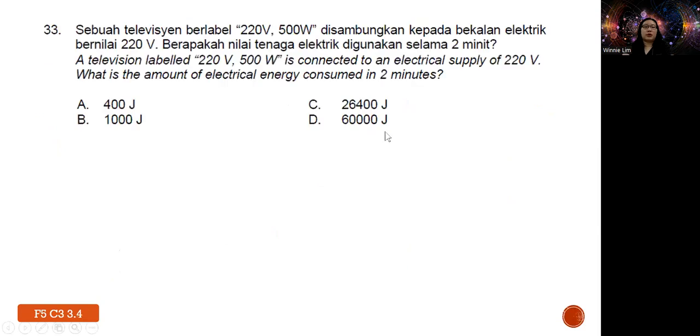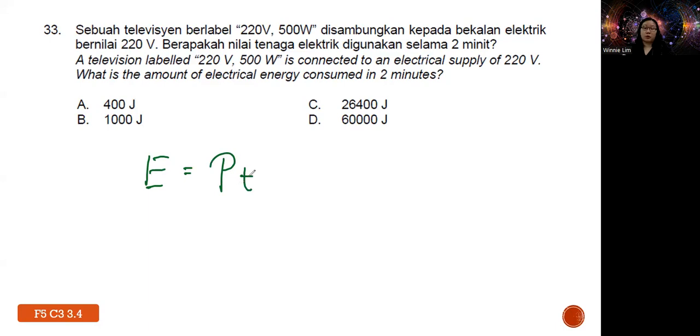Number 33, a television labelled 220 volt, 500 watt is connected to an electrical supply of 220 volt. What is the amount of electrical energy consumed in 2 minutes? Under the electrical energy topic, you have a lot of formulas. For this one, the basic one, energy consumption equals power times time. If the power rating of the device is higher, of course you use more energy.